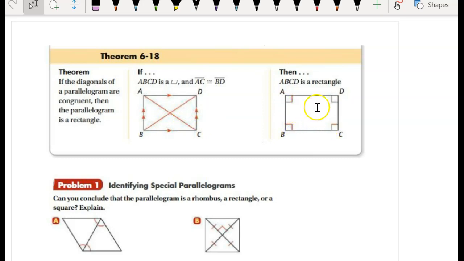This is another converse statement because before we learned if the parallelogram is a rectangle, then the diagonals are congruent. On all of these theorems that we're learning today, we're just learning to look at it in a different way. So none of this is new. We're just looking at it from a different perspective.